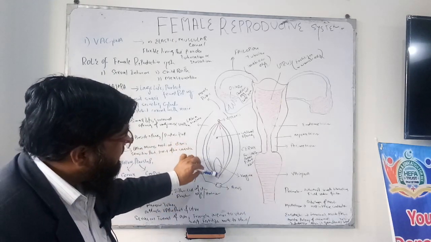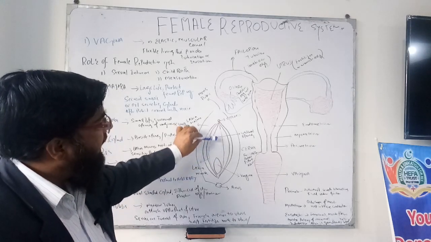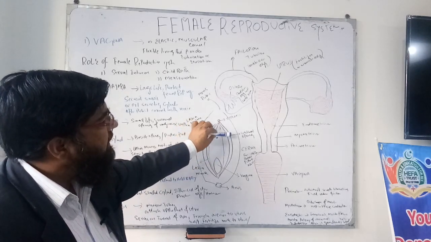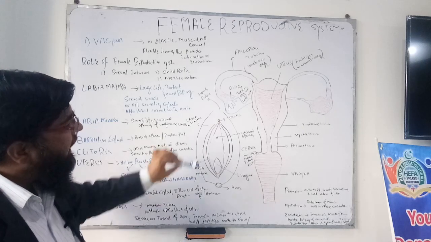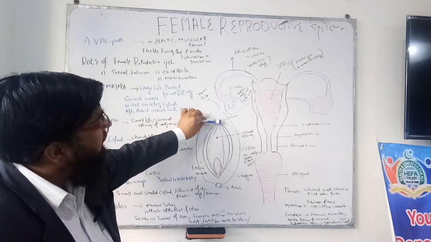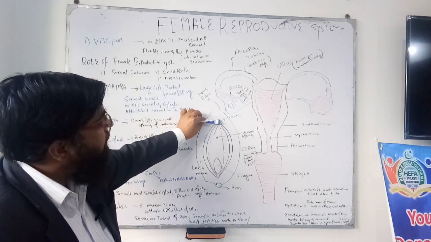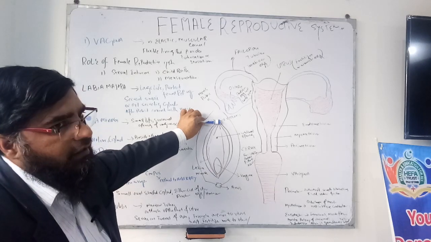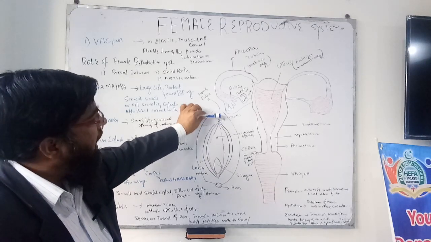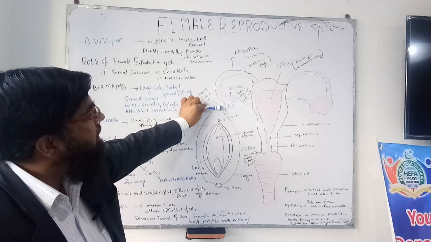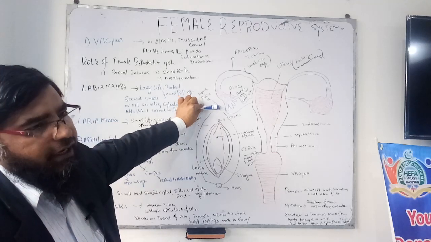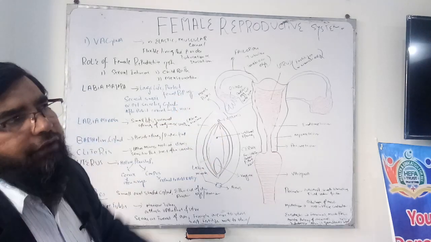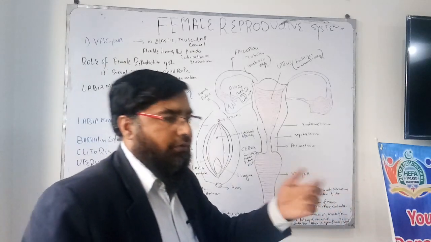This is the vaginal opening, and this is the urethral opening. On the top there is a small circular structure called the clitoris, and above the clitoris there is the mons pubis area, where hair grows after puberty.